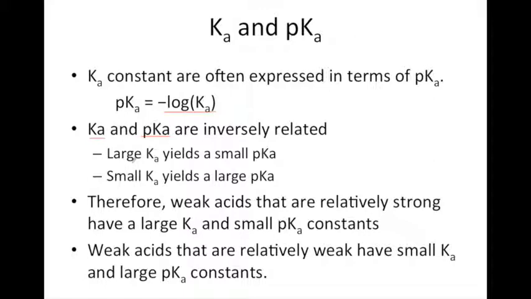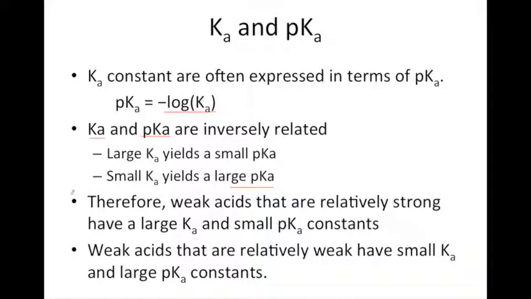In other words, an acid that has a large Ka has a small pKa. And a small Ka, which indicates a weak acid, results in a large pKa. So weak acids that are relatively strong have large Kas and small pKas. Weak acids that are relatively weak have smaller Kas and larger pKas.